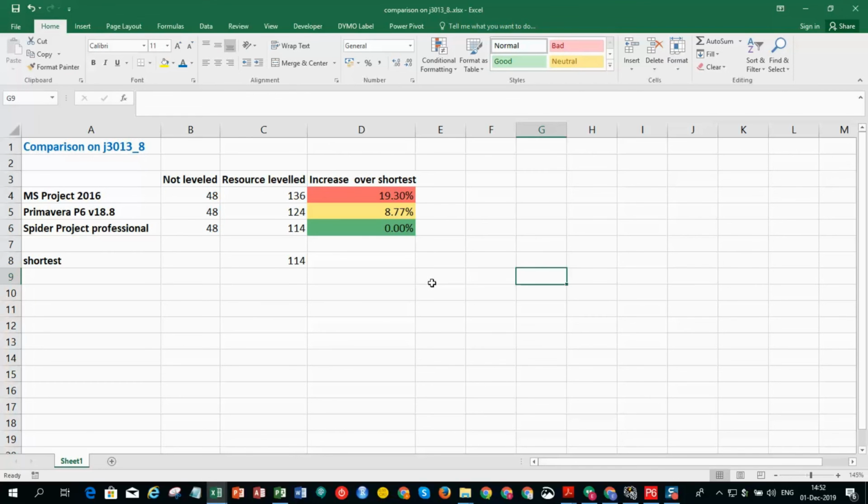And with leveling, Spider Project produces the best result, and then MS Project gives a 19% increase over the best result, which is Spider Project, and Primavera gives you almost a 9% increase. So for this specific schedule, Spider comes the best, Primavera is second, MS Project is third. As I said before, on every single problem tested so far, Spider always produces the best result.